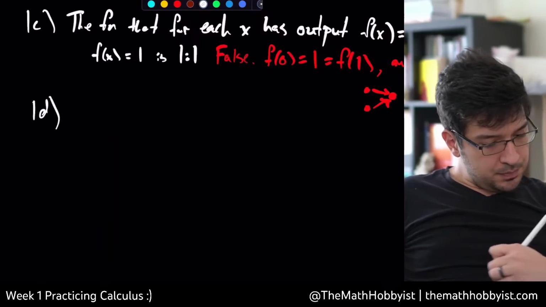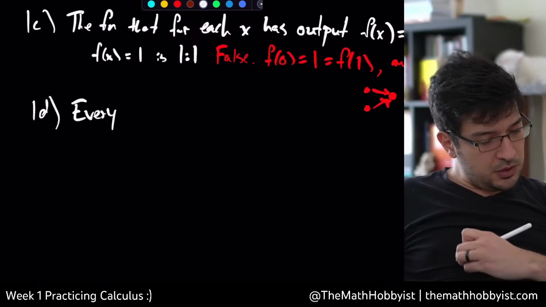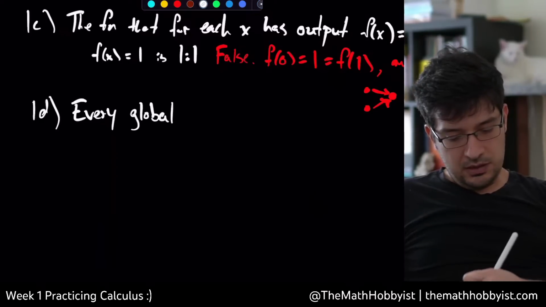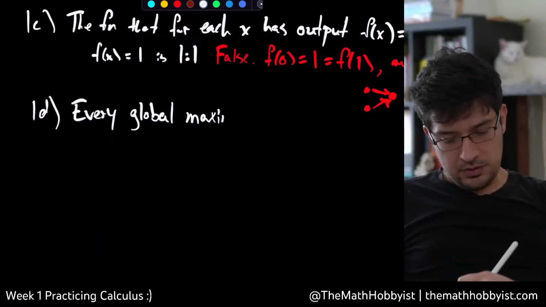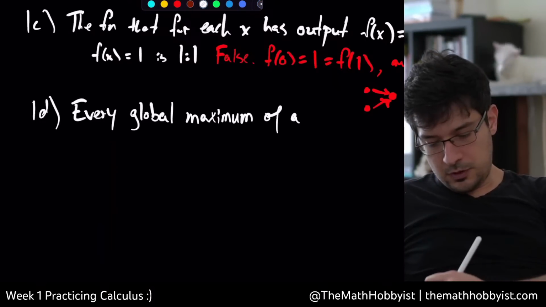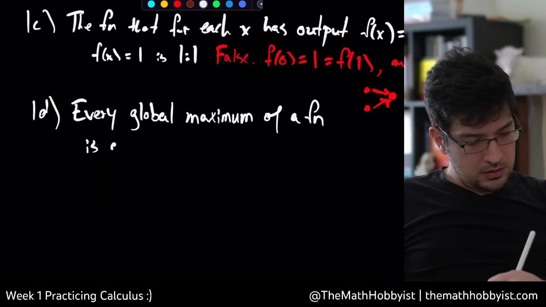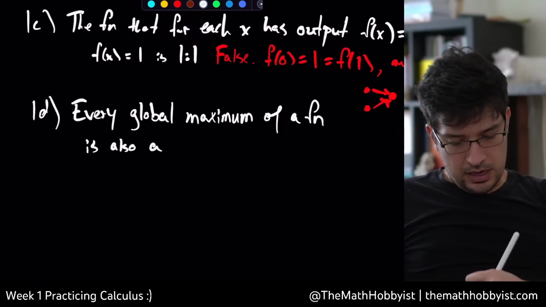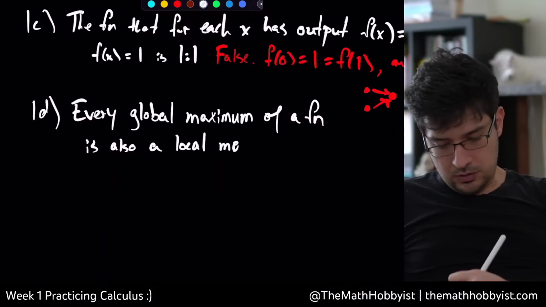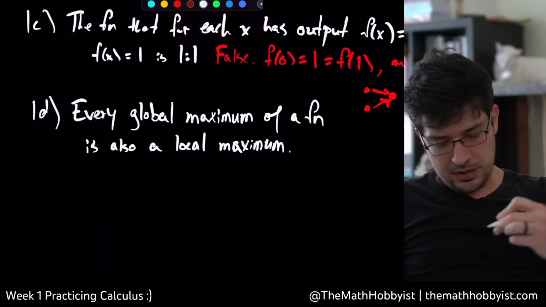1D. Okay, here we're going to get into a new concept I haven't talked about yet, but that's fine. Every global maximum of a function is also a local maximum. I thought I misread that.